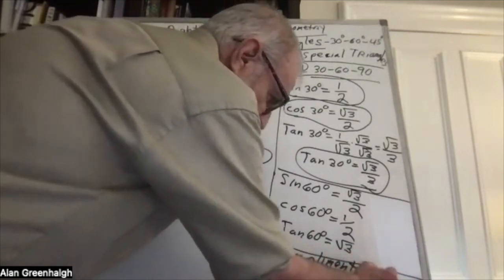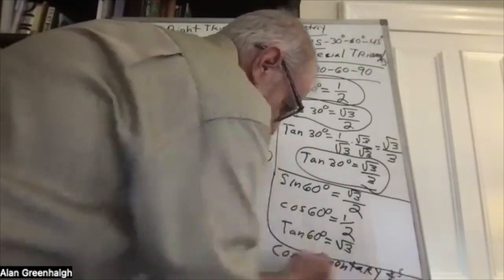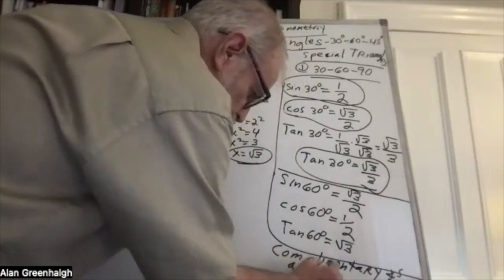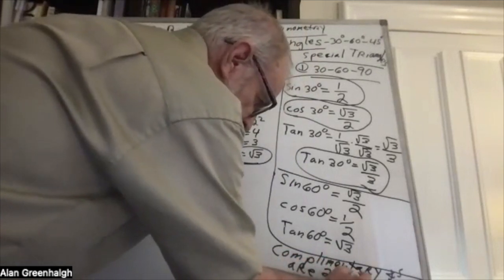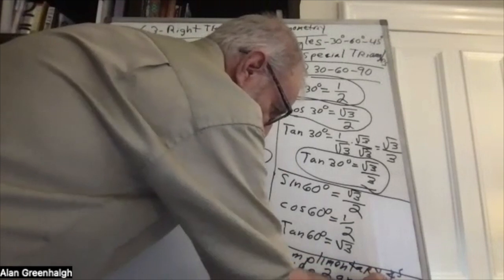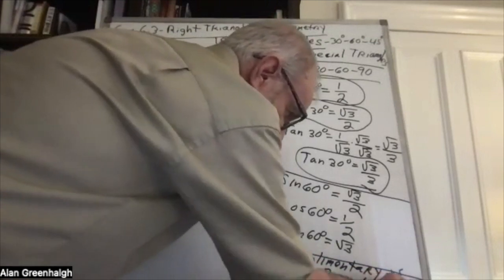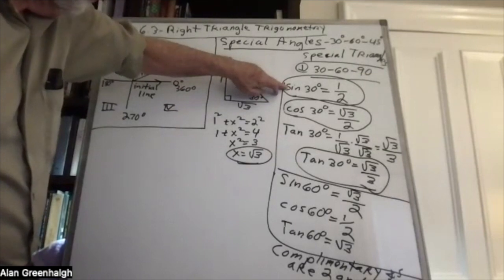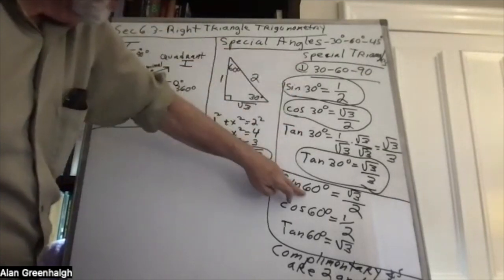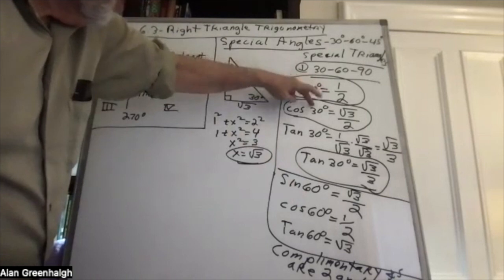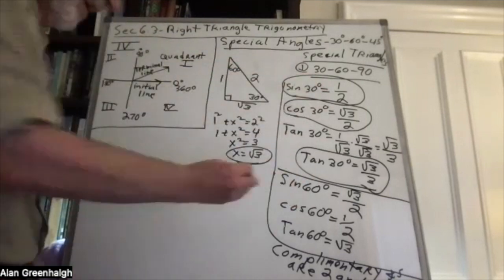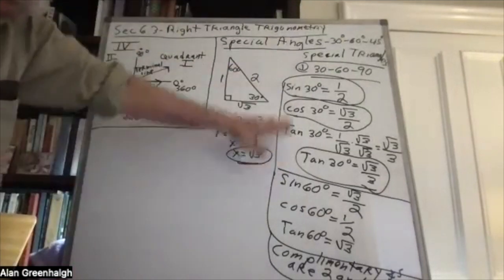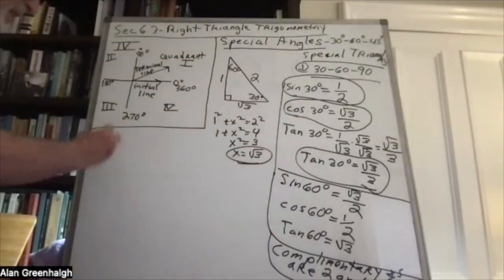Complementary angles are two angles which equal 90 degrees. The co-functions, 30 and 60. Okay, just keep that in mind. All right, these are 6 of the functions we need to know.